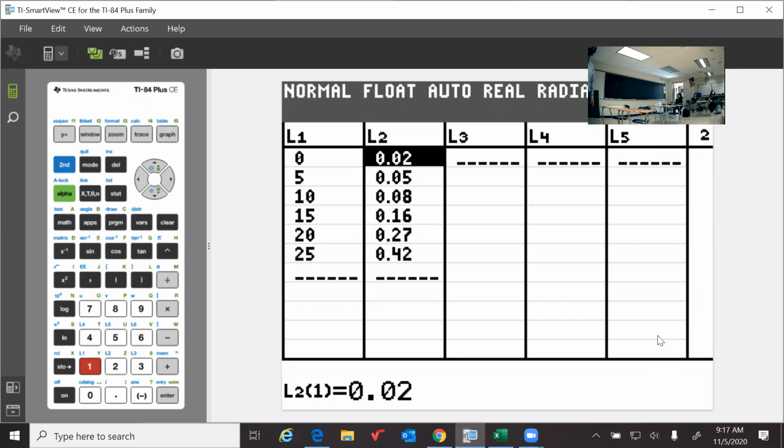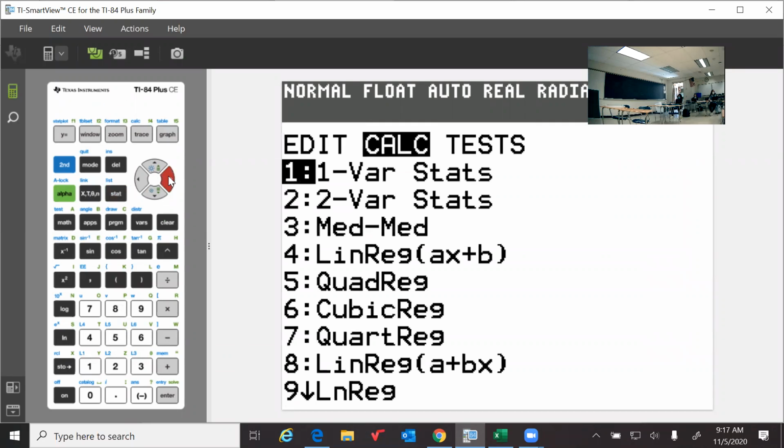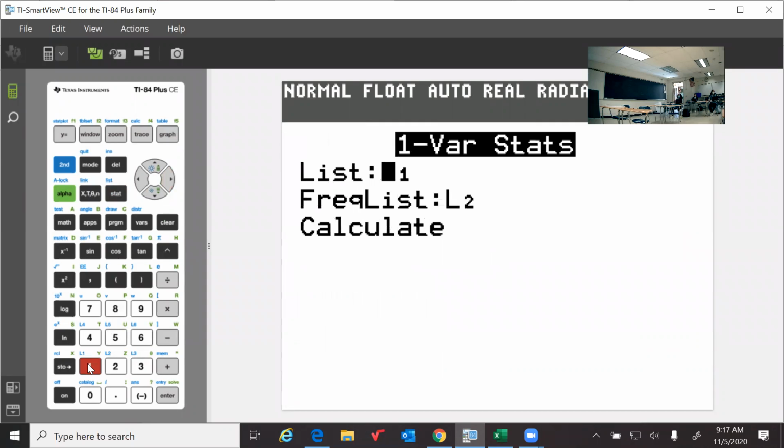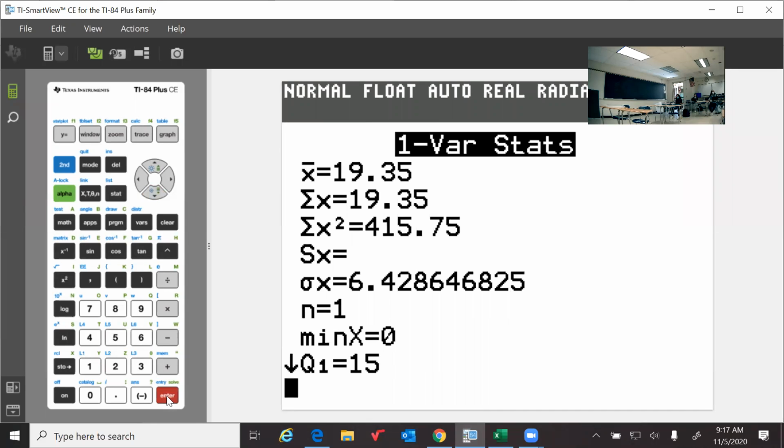We said, okay, if we just go here, stat, calc, one variable statistics, list 1 and list 2, it's giving us that value. But how is it getting it? It's getting it by doing this. Here's the algorithm. Now, this would be helpful for you to do. If you don't have the data in your calculator from the alpha lesson, or you didn't need it for the problem, then load up that data.